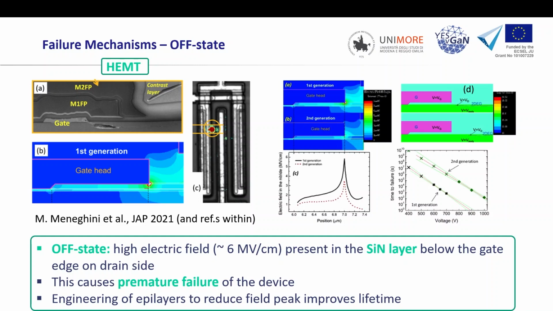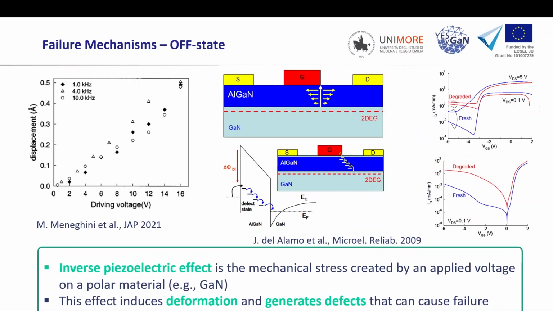In this case the devices with second generation had a different vertical structure, so the epi was changed in order to ameliorate the field at the edge of the gate, so they could achieve a higher lifetime. So once again, there are different techniques also here to identify the mechanisms that are occurring, and you need to have a good knowledge of the device operation in order to understand which layer is going to kill you in the end.